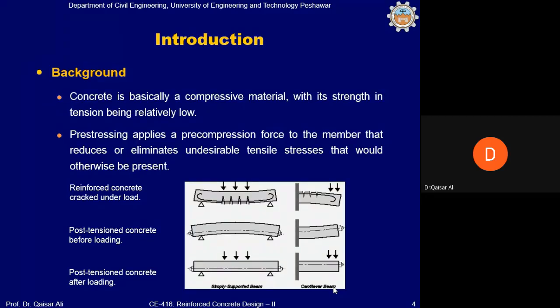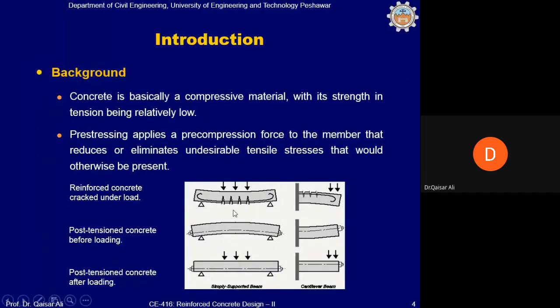You know that concrete is basically a compressive material with its strength in tension being relatively low. And for this purpose, we use reinforcing bars on the tension side in our concrete members. You can see this beam, which is being subjected to 3-point loads.